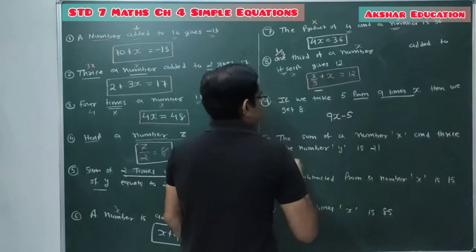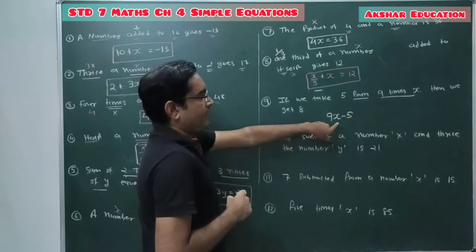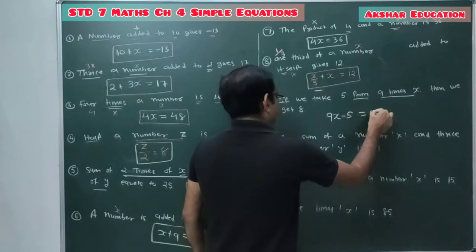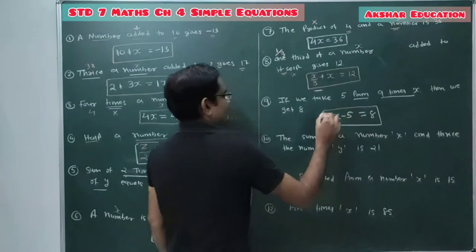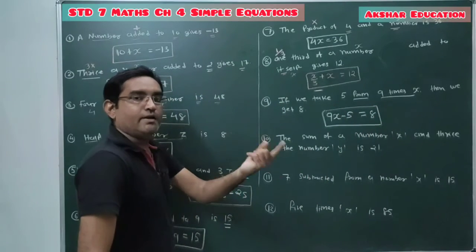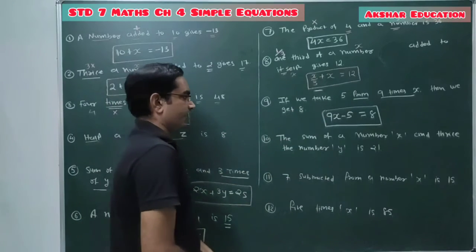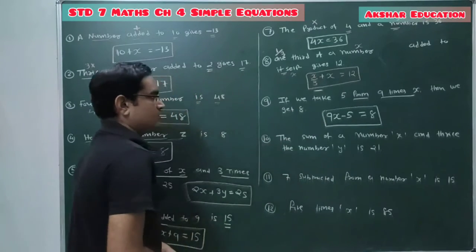So it's 9x minus 5. Then we get 8. If we take 5 from 9 times of x, we get 8. Simple equation. Clear बच्चों? आ जाएगा सबको?